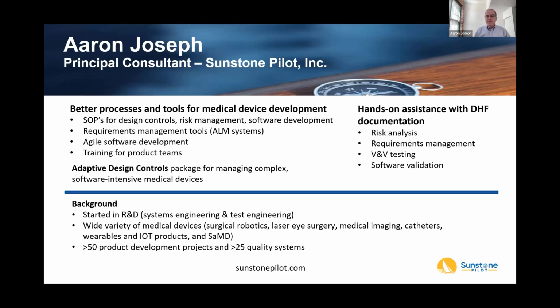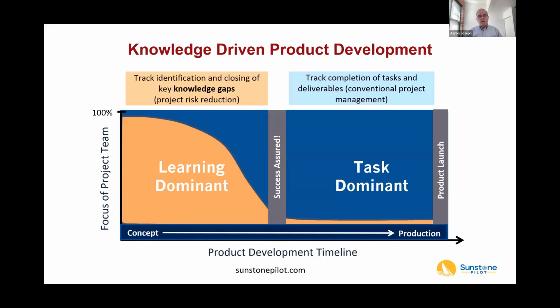Go to the next slide, please. So one part of that perspective is a framework called knowledge-driven product development, which I use to better understand how to tackle the challenges of medical devices. Now, there are many aspects to this, but one key aspect is that the number one job for a product team early in development is simply learning, and it's learning to close knowledge gaps or reduce project risks.